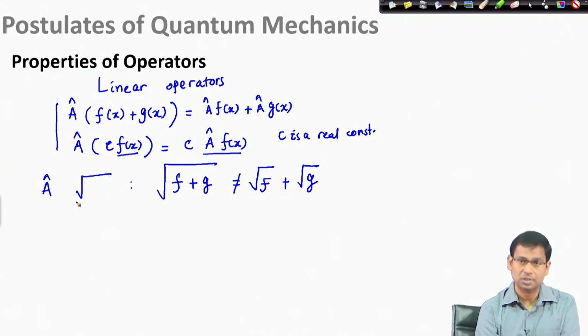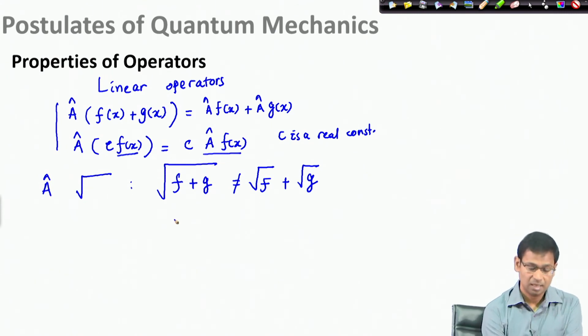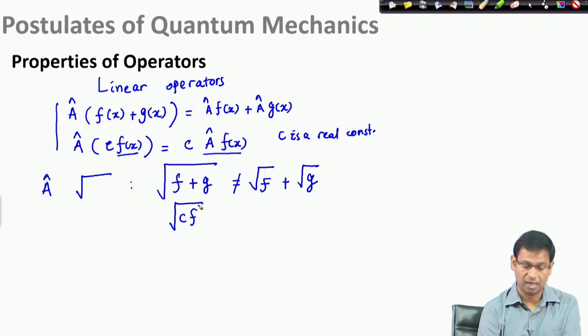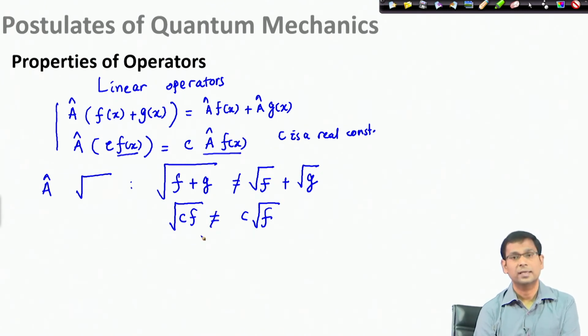In fact, it also does not satisfy the second criterion: if I take a real constant c and multiply with the function f and take a square root, this is not equal to this. So, the square root operator is not a linear operator.